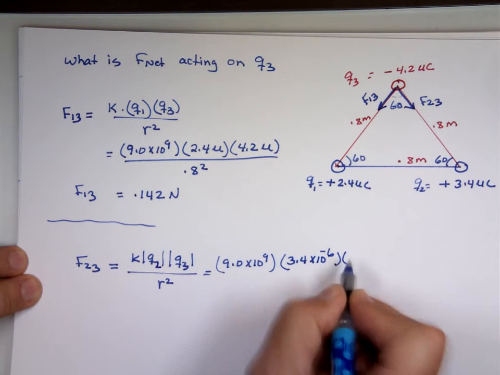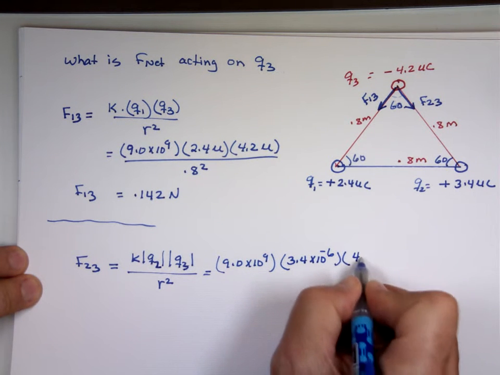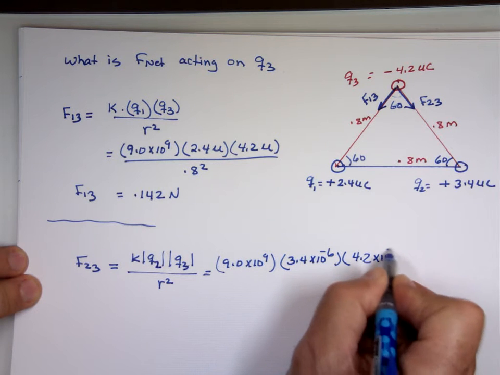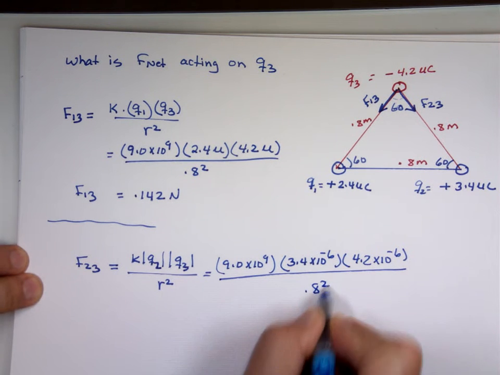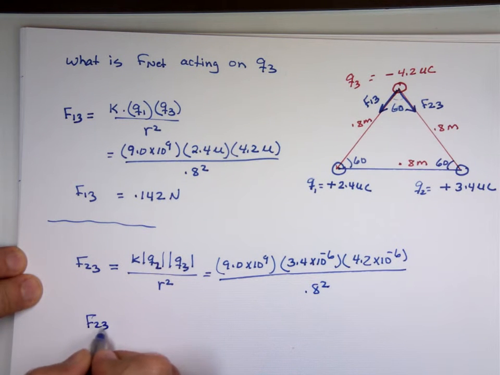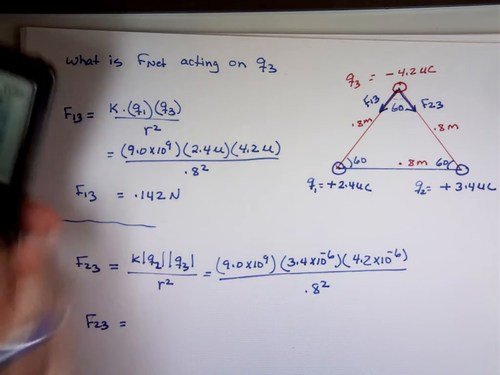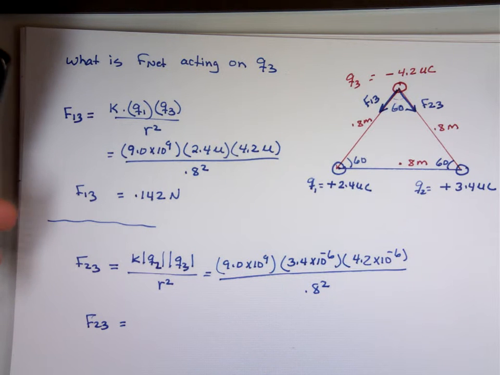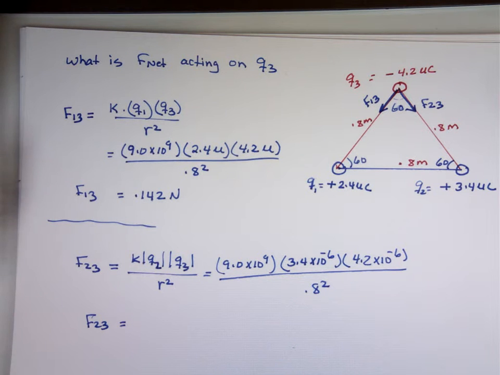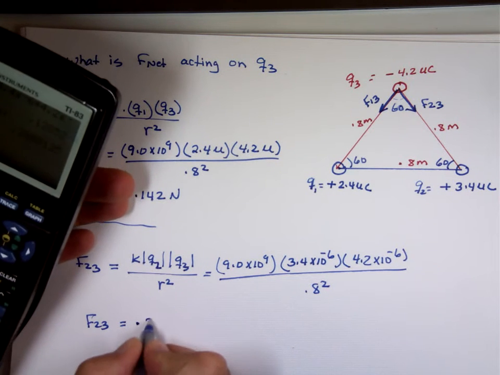Q3 is what? 4.2 micro. Divided by R squared. And I got 0.201 Newton.